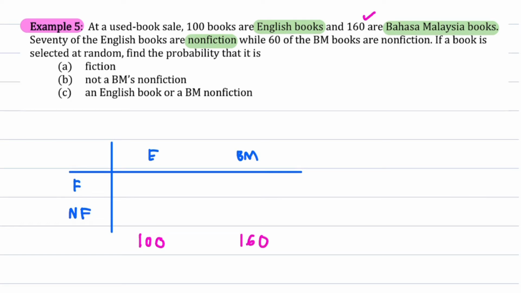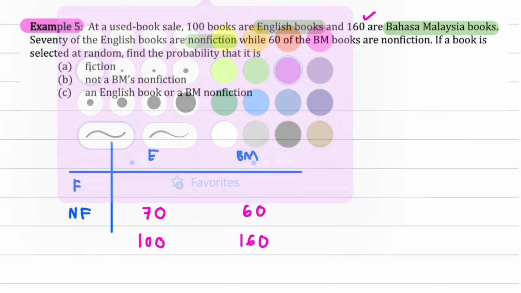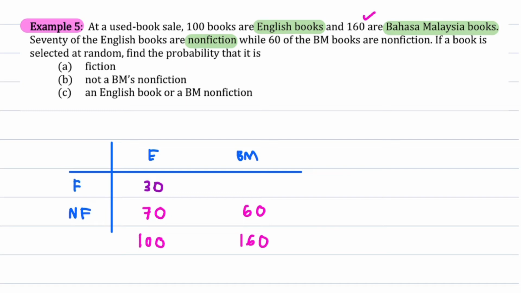160. And 70 of the English books are non-fiction, so from the English books, 70 of them are non-fiction. You have 70 here, while 60 of the BM books are non-fiction. This one is 60. That is the only value given. So you can find English fiction, which will be 30 because the total must be 100.